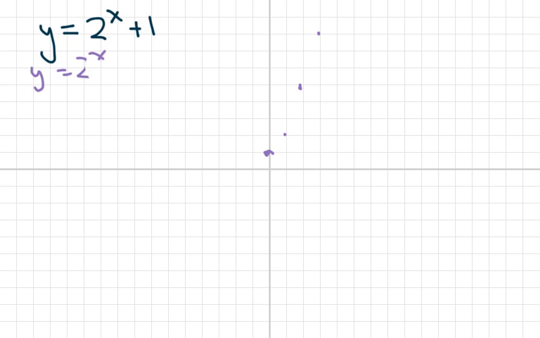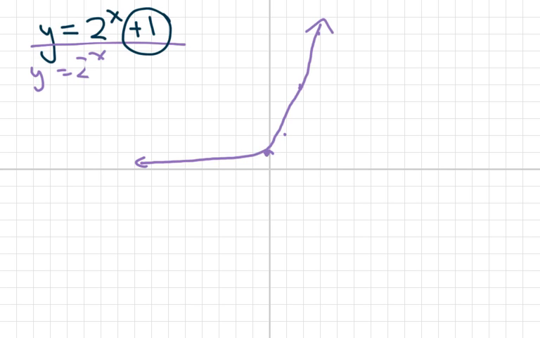So we know what this is. That's the parent function. So basically, y equals 2 to the x plus 1 is you're just shifting it up by 1. So you're shifting up everything by 1. I'm going to shift this up by 1, and this one up by 1. So it's like this.